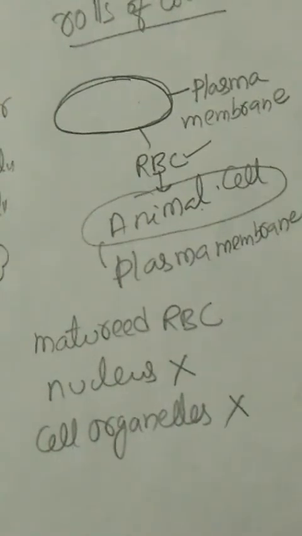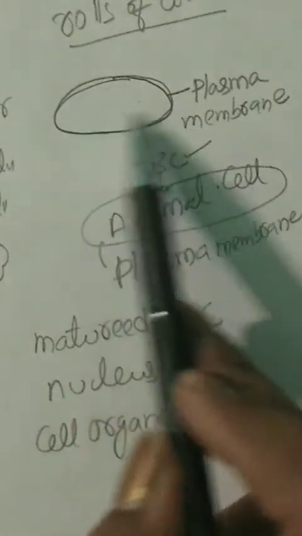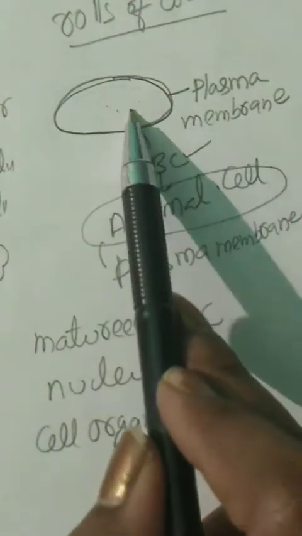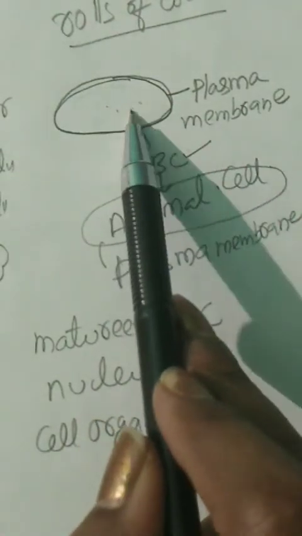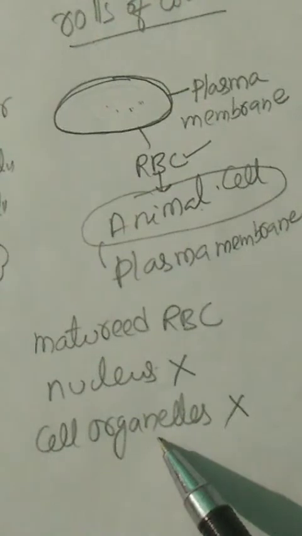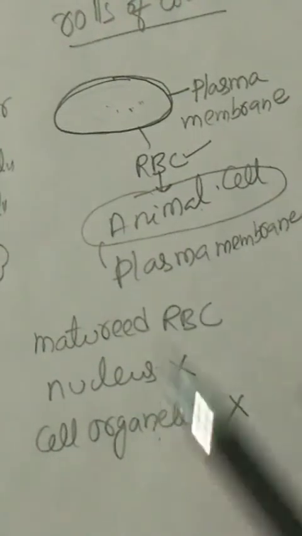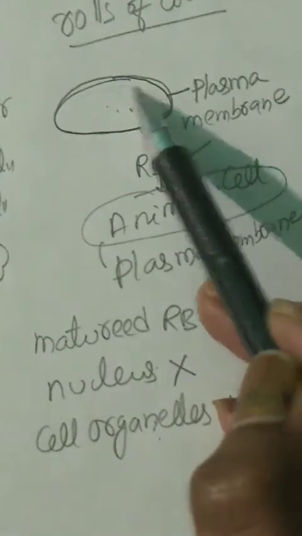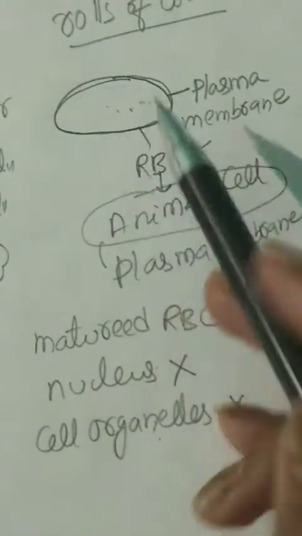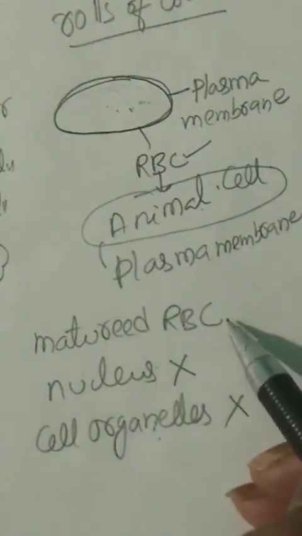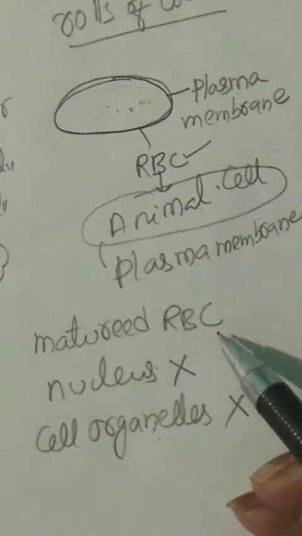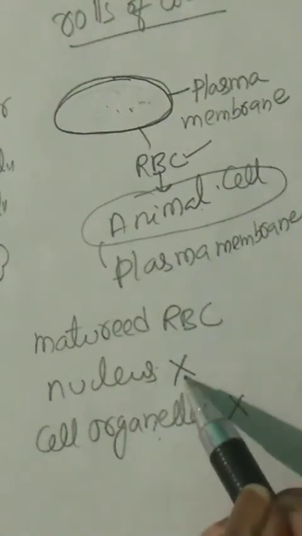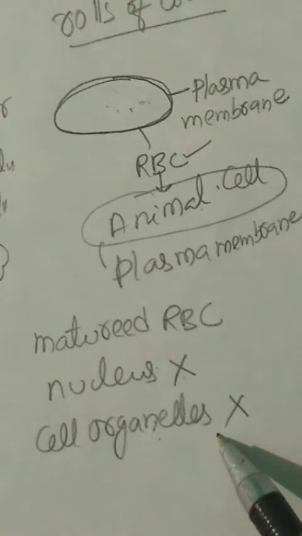Because the RBC wants to provide more space inside so that it can carry more oxygen molecules. The space which could be occupied by the nucleus and other cell organelles is sacrificed by our RBC. So the matured RBC will not have any nucleus or cell organelles.